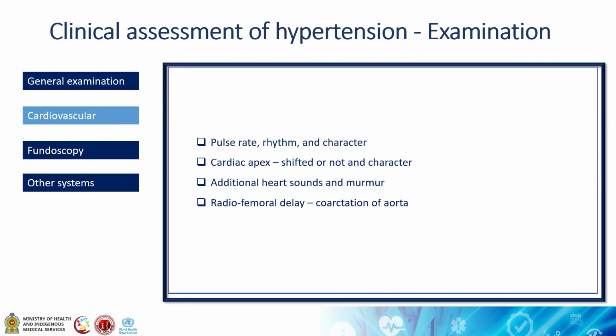Cardiovascular examination. Pulse rate, rhythm, and character, cardiac apex, shifted or not, and the character, additional heart sounds and murmurs, radiofemoral delay, suggestive of coarctation of aorta.